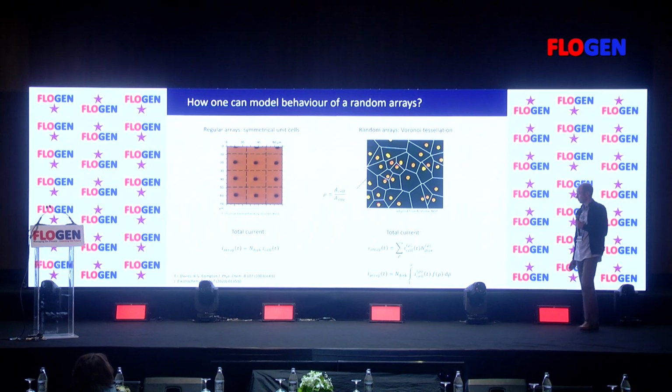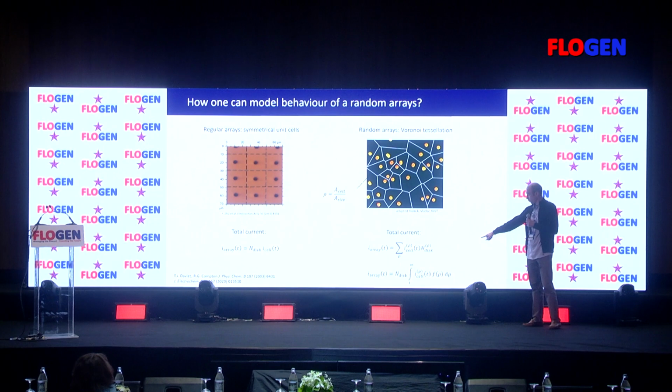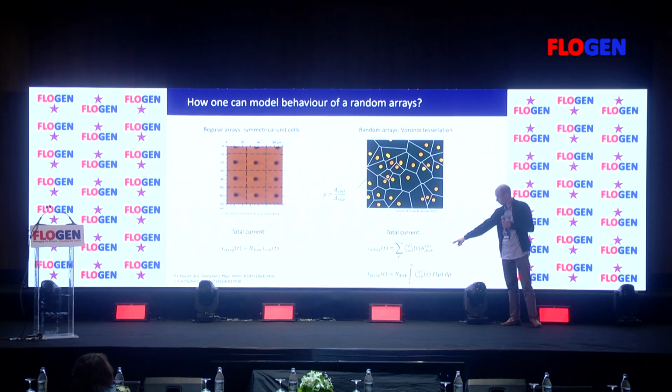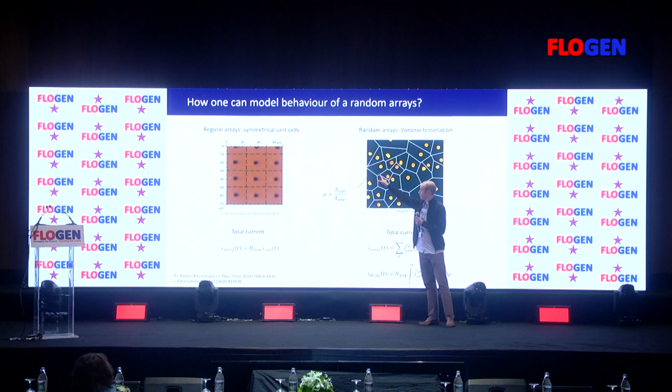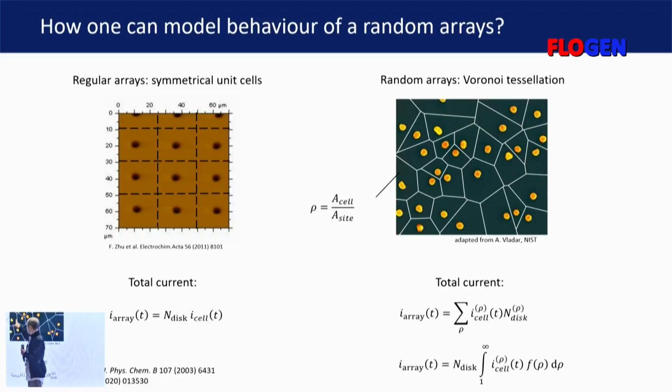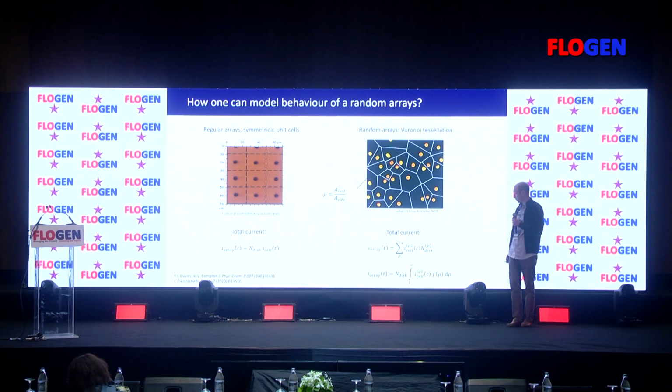And this allows us to write down a more convenient form where we have just the response of a given cell with a given dimensionless surface area, which we define as the ratio between the unit cell surface area with respect to the surface area of the active site. And then we simply weight these responses by the presence of the unit cell with a given surface area.